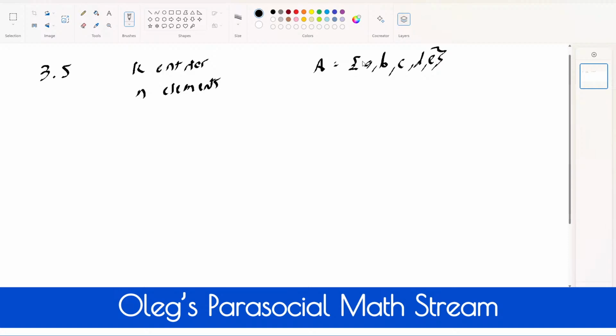Consider the non-repetitive lists made from selecting 2 elements from A, so we're going to say P(5, 2). Remember, the notation is P(n, k), and to tell how many that is, we can use n factorial over n minus k factorial.